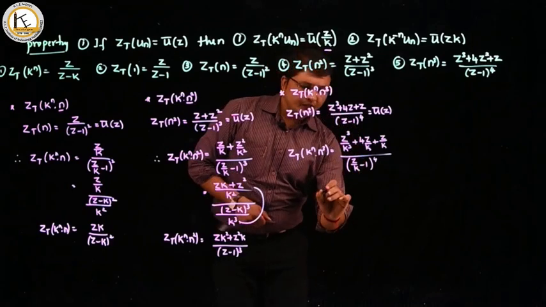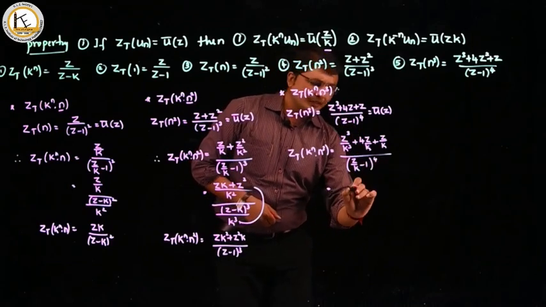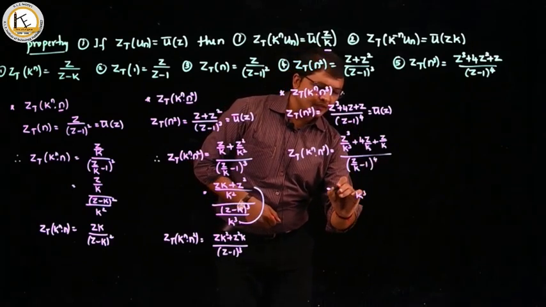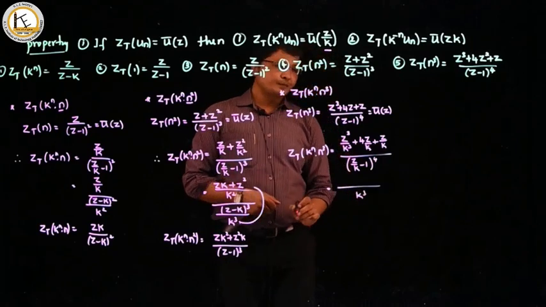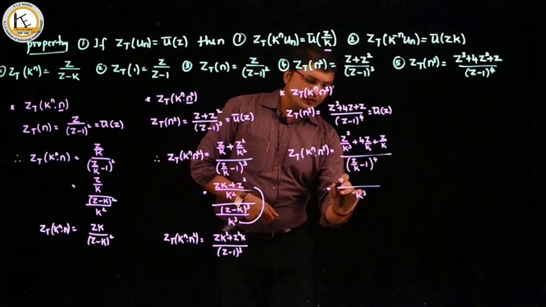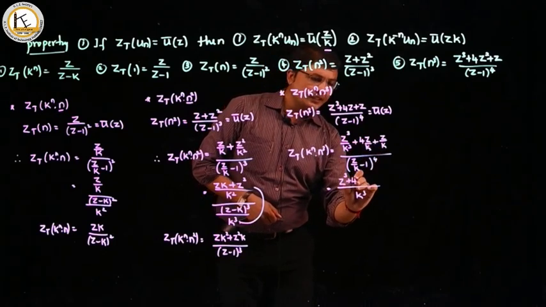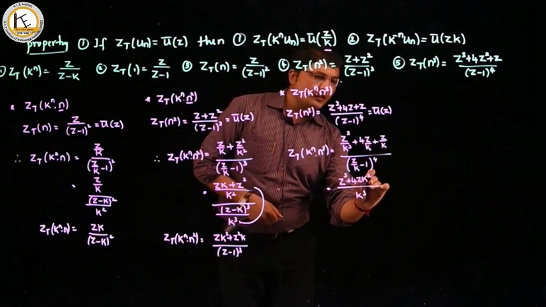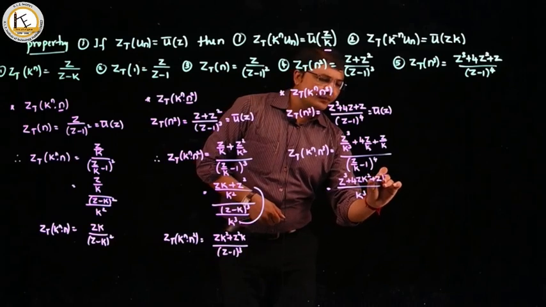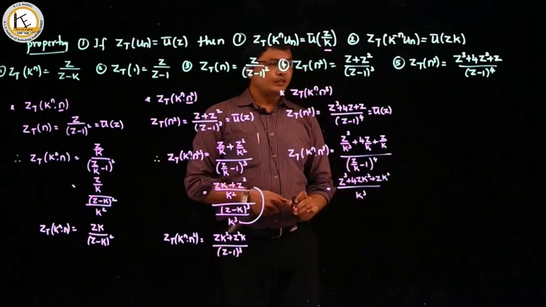So simplifying it further, the LCM is again k cube in the denominator, and here Z cube will remain as it is, and here it is 4Z square k plus Z k square.